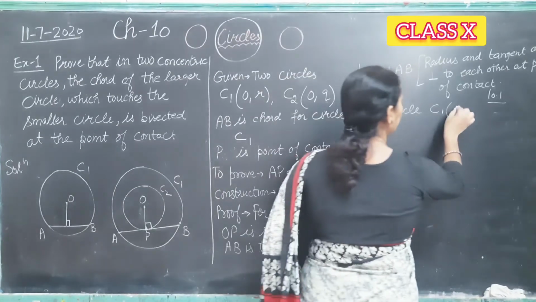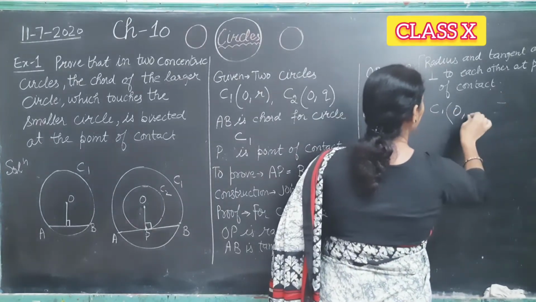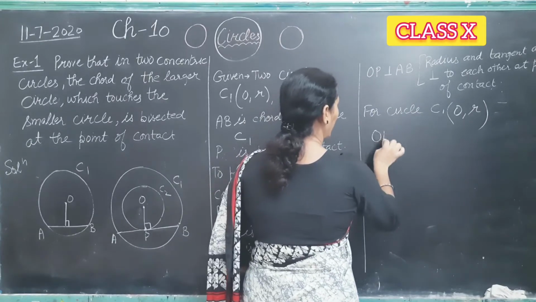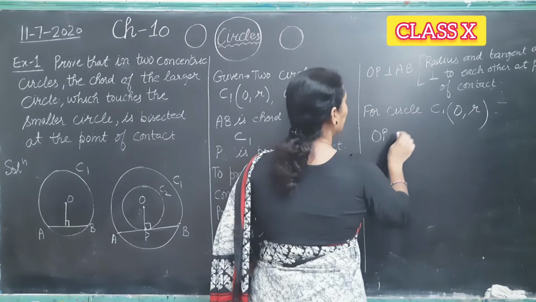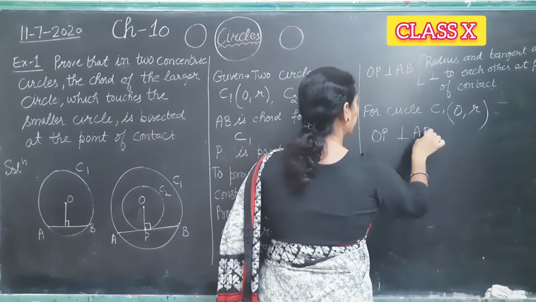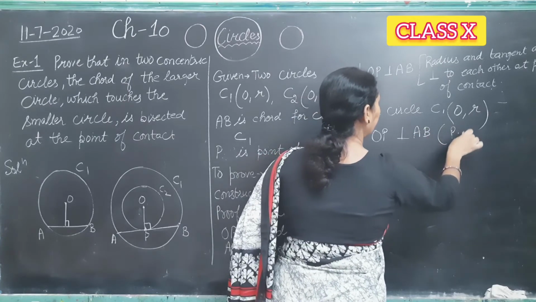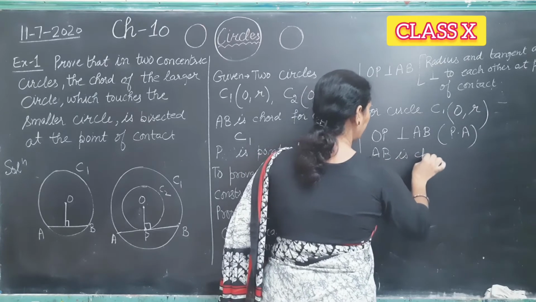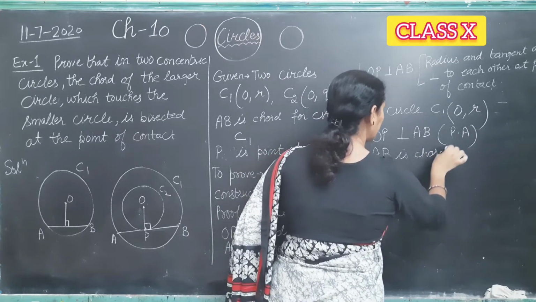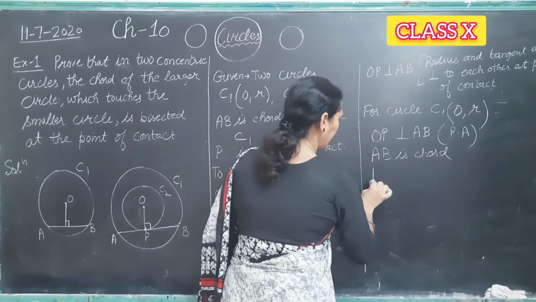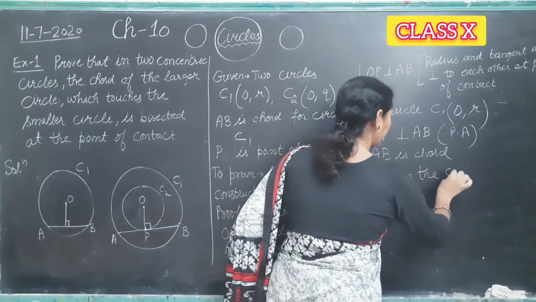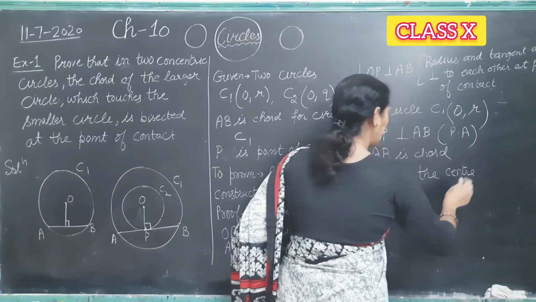In circle C1, with center O and radius R, OP is perpendicular to AB, proved above, and AB is a chord.